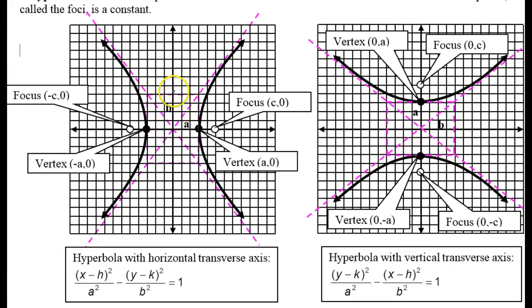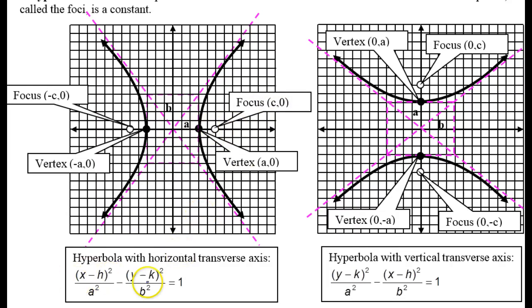But that B value is still important because it gives us the length that will form part of the rectangle that we need. Similar to ellipses, hyperbolas have foci. And the C value is going to be the distance from the center to a focus.